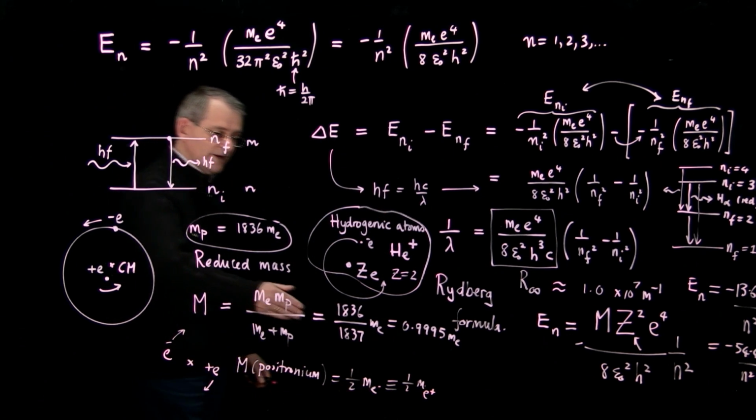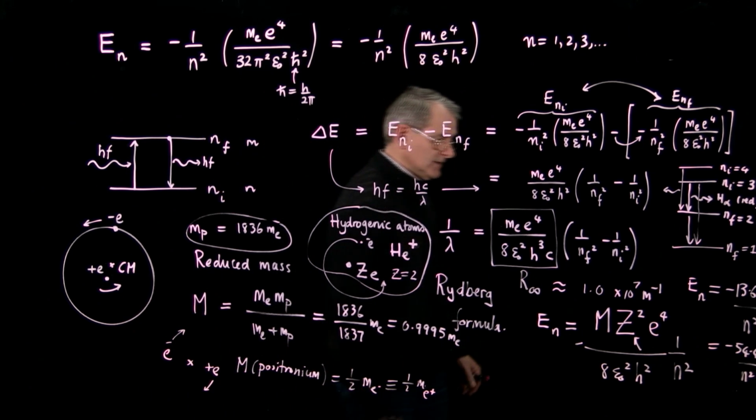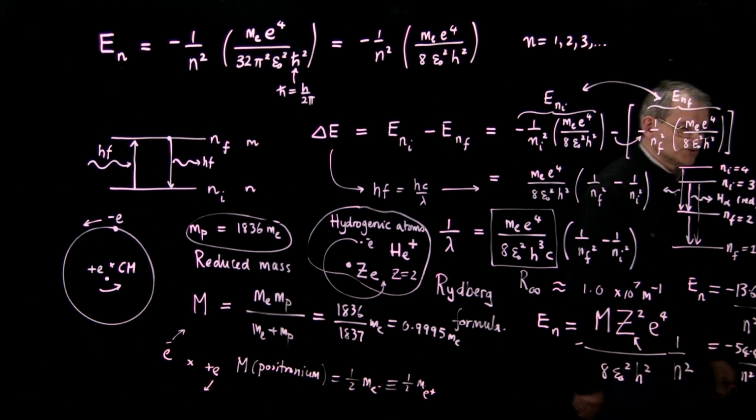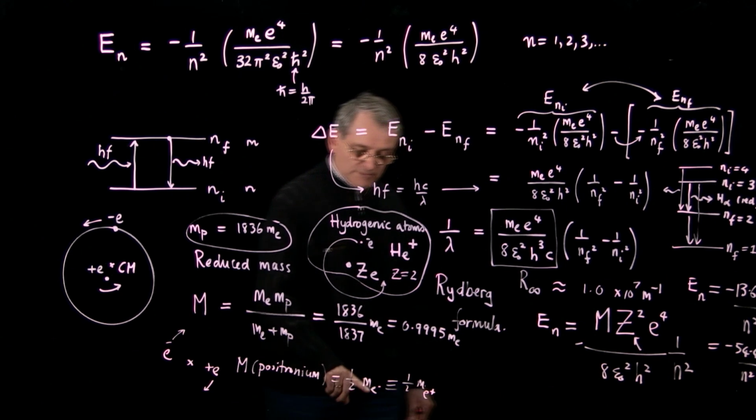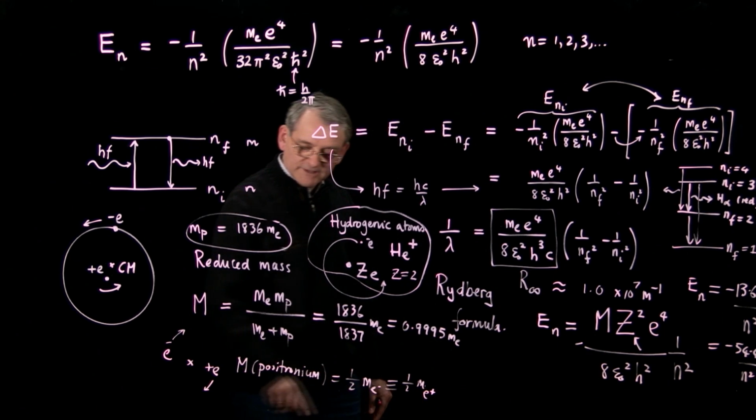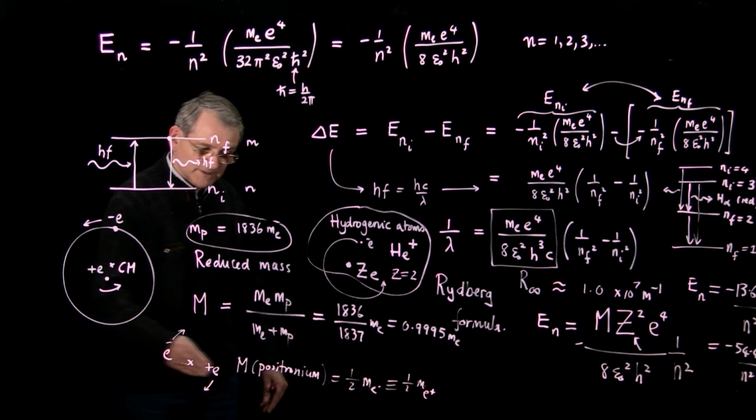And so I can correct. In this case, the correction for the reduced mass is significant because it's not just equivalent to the mass of the electron, it's 1/2 of it because of the fact that these are equal mass particles.